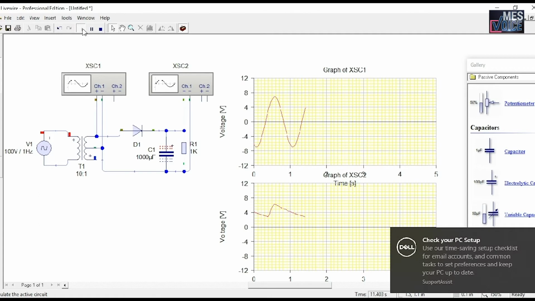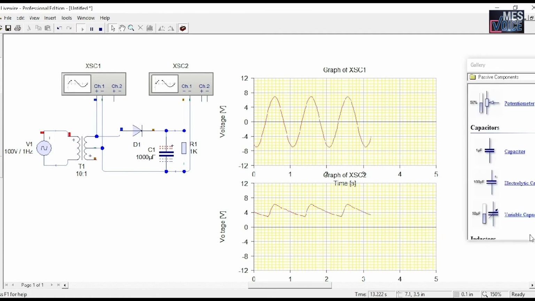The output is rippled because the capacitor is charged during the positive half cycle, and in the negative half cycle the capacitor is discharged through the load resistor. Because in the negative half cycle there is no output in the half-wave rectifier, at that time the capacitor will get discharged.